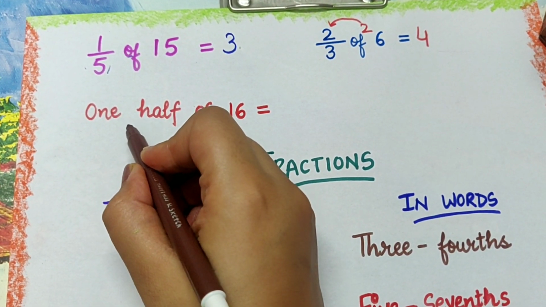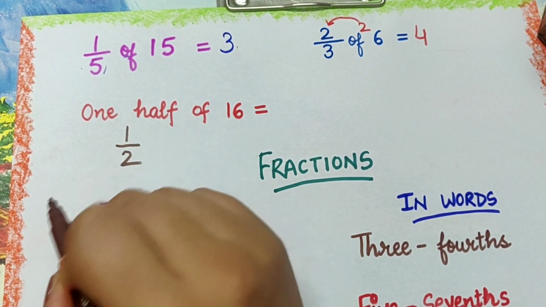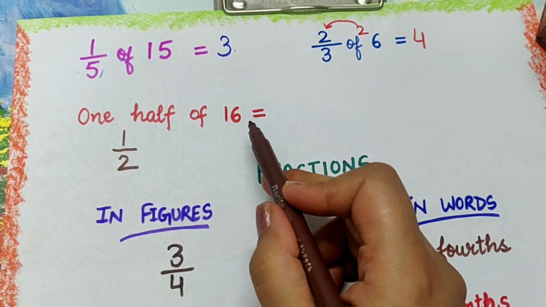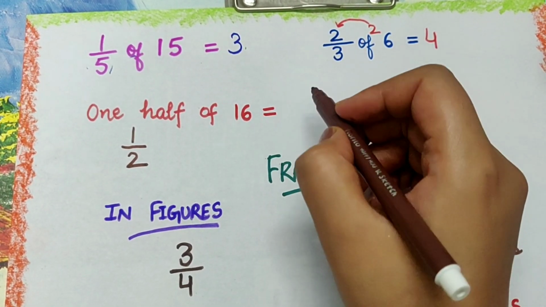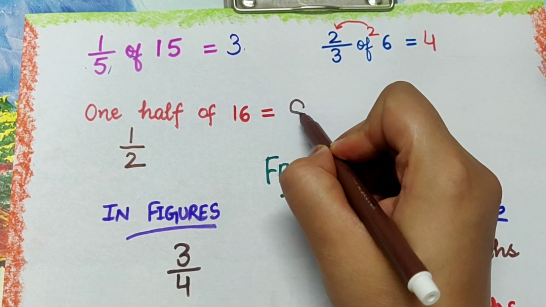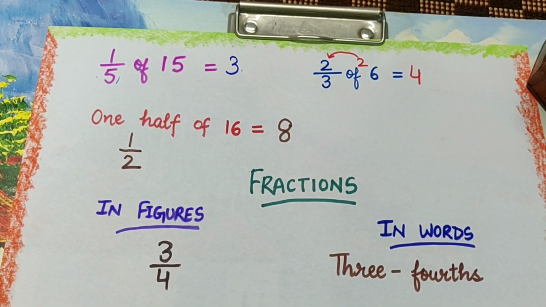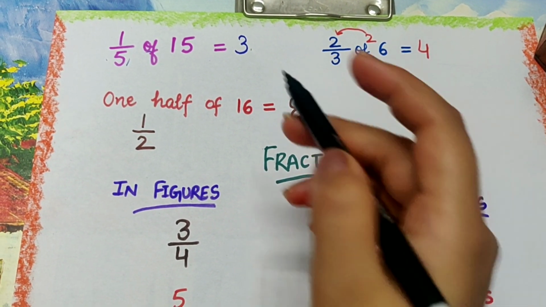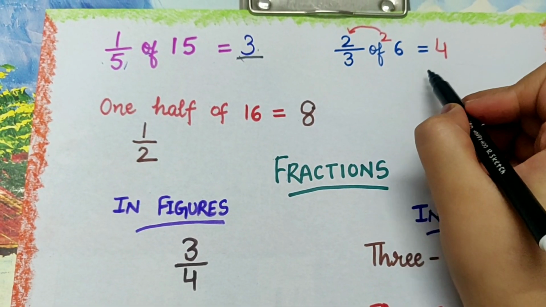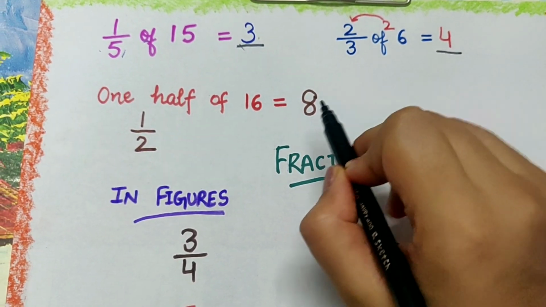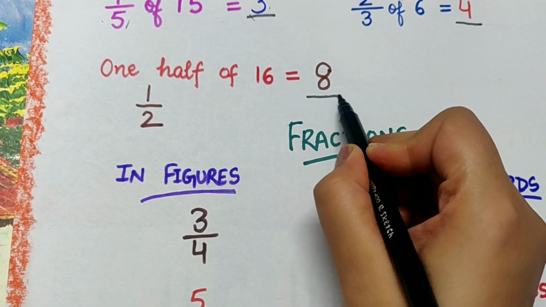As you have learnt that 1/2 we write like this. So 1/2 of 16. Now 16 comes in table of 2. On which number? Very good, on 8. So here 8 is the answer. Now my dear children, I believe that you have understood these type of questions and you can easily do these questions in your book.